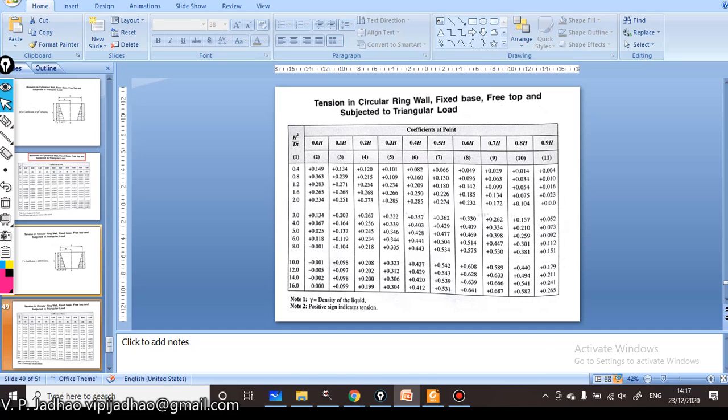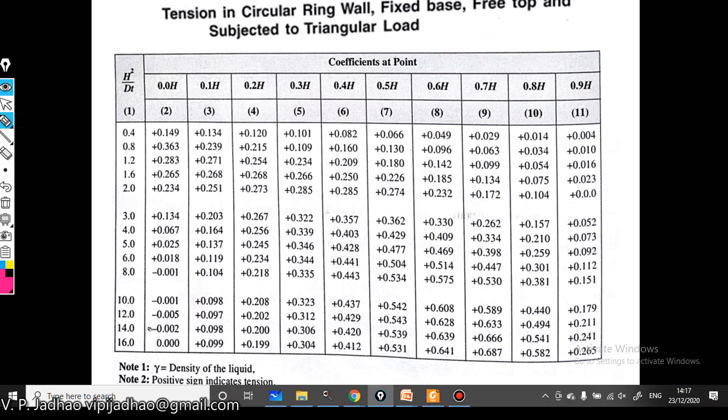For 11.4 the value will be between these two values, that is 0.608 and 0.628. So for 10 we have coefficient 0.608 and for 12 the coefficient value is 0.628.